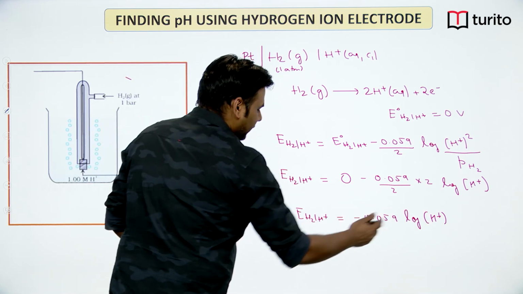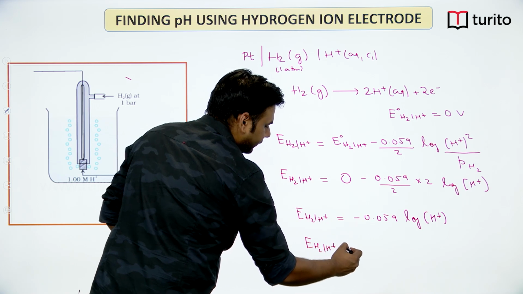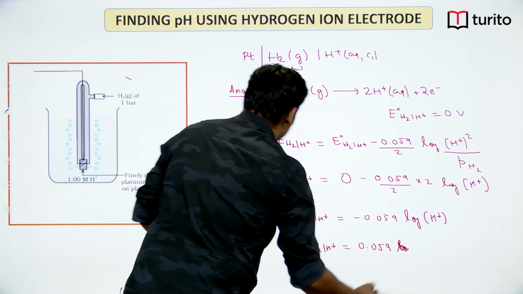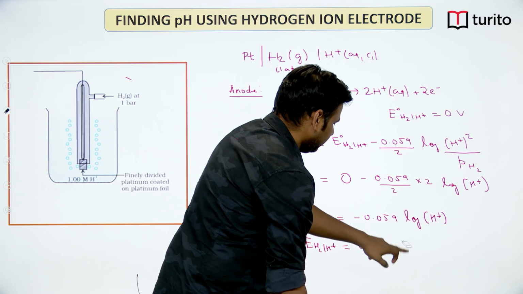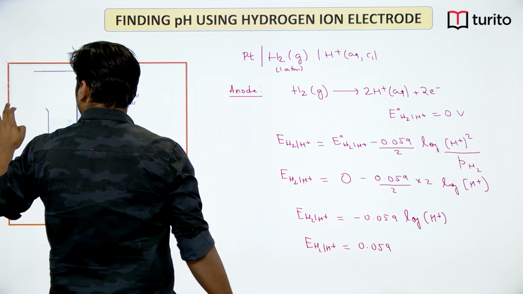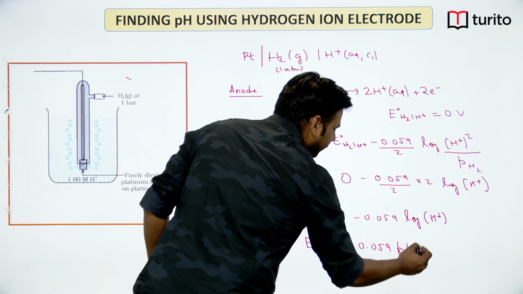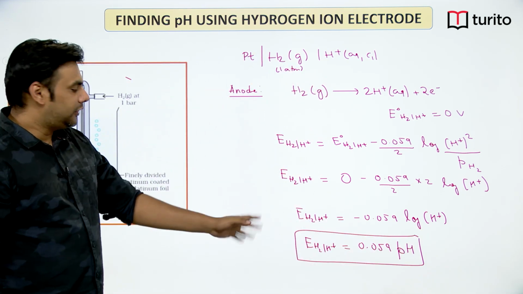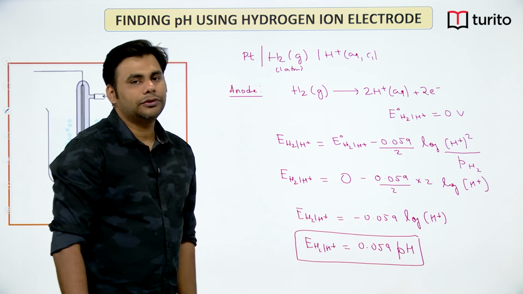So I will take this negative along with this log of H plus, and we'll get the oxidation potential as 0.059 into pH. So again, if pH is given to you, we can find the oxidation potential at any other condition using this formula.